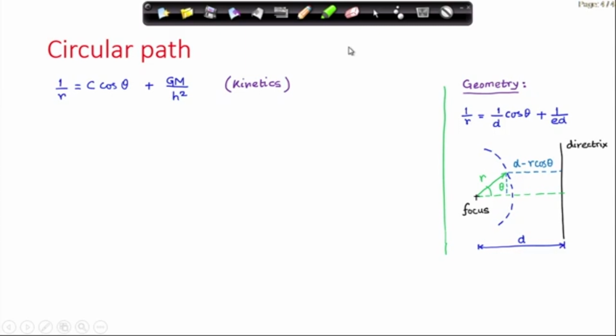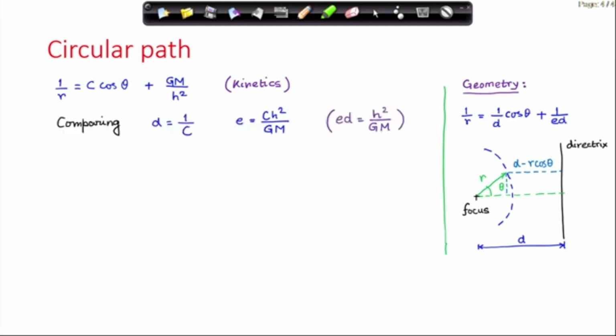Now, let us compare the solutions. On my right panel, I have shown the equation of a conic section, the locus of a point whose ratio of distances from the focus and directrix is a constant. This comes from geometry. On my left, I have written the solution of our differential equation, which comes from kinetics, and you can very easily see the similarity.